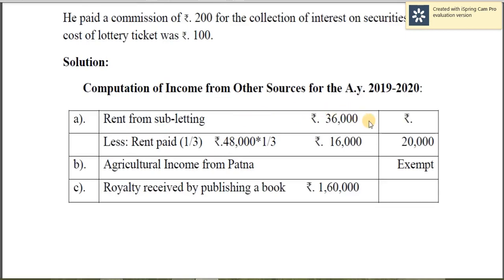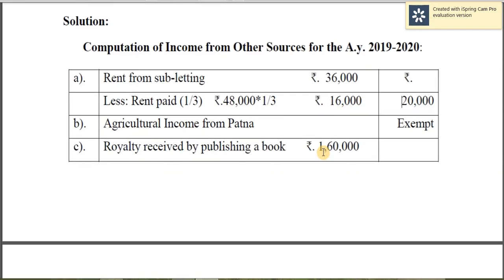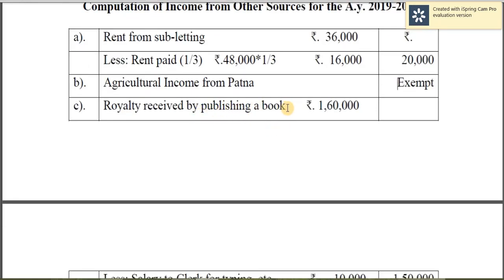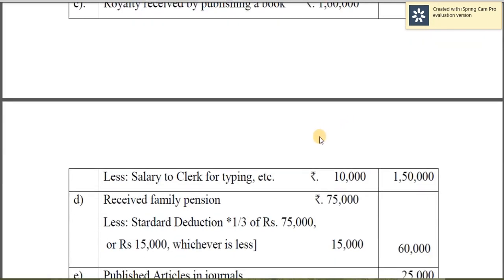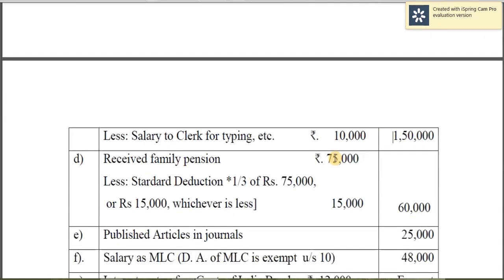Income from subletting 36,000 minus 1/3 of the rent paid, proportionate amount 16,000, net amount is 20,000. Agriculture income from partner. Agriculture income in India is exempt. Royalty received from publishing a book 1,60,000 and expense incurred in connection with that 10,000. So remaining amount is 1,50,000.